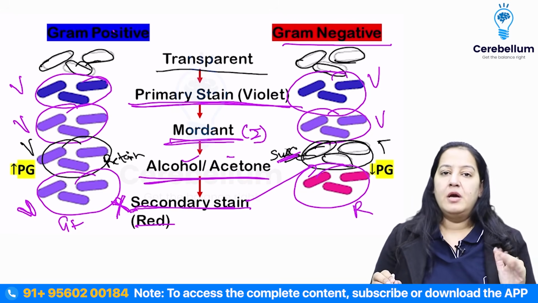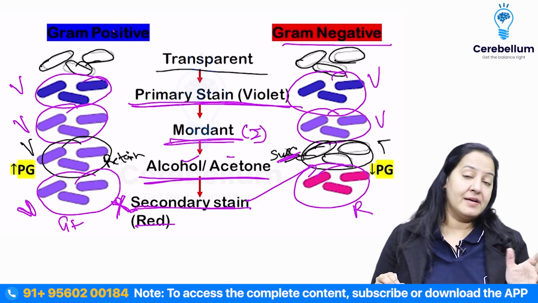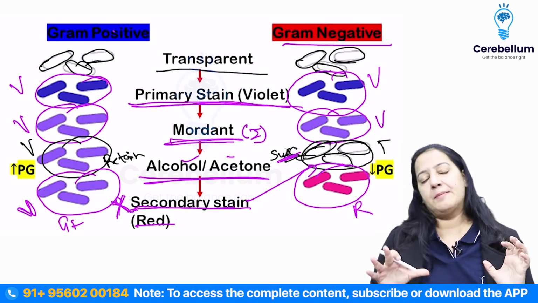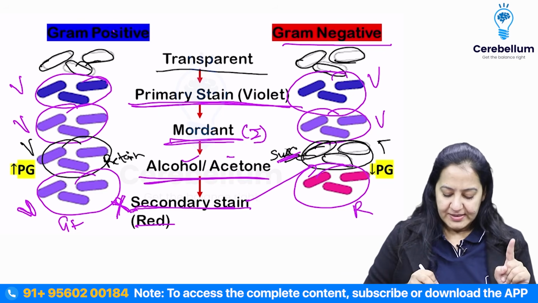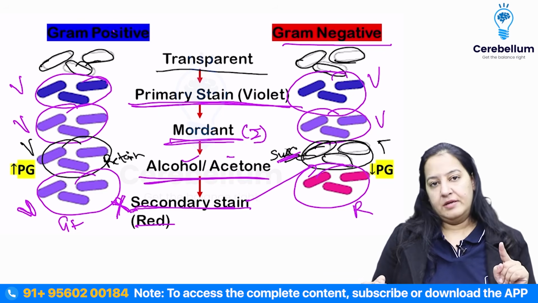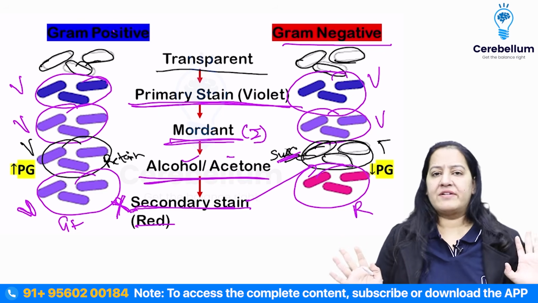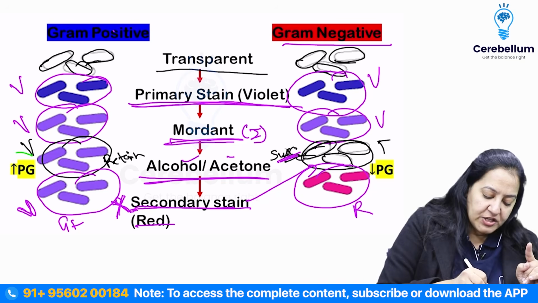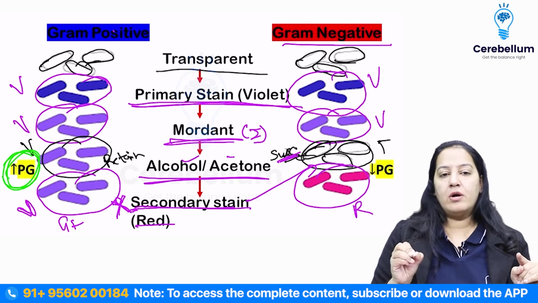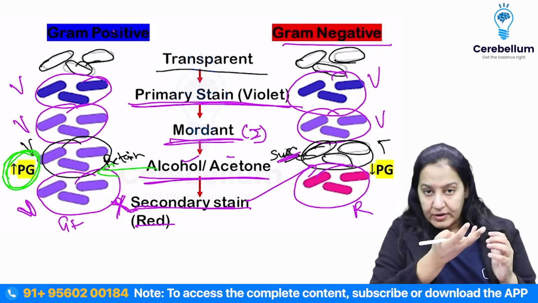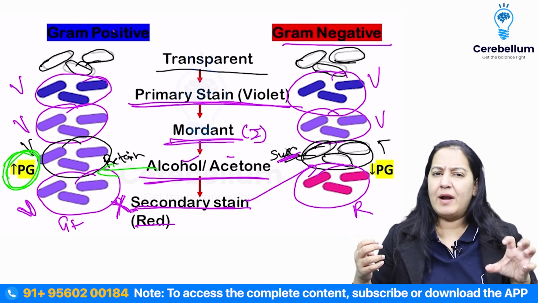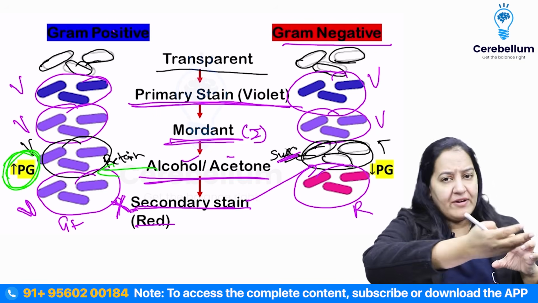It's decolorization. Now you may be thinking why some bacteria are resistant to decolorizer and why some bacteria are susceptible to decolorizer. You may be thinking that the difference is due to the peptidoglycan content, right? Now the cell wall, all bacteria have cell wall. There are some bacteria which have more peptidoglycan content in the cell wall. So here when you add the decolorizer, decolorizer cannot take the primary stain out because the peptidoglycan layer is very thick and decolorizer cannot penetrate.